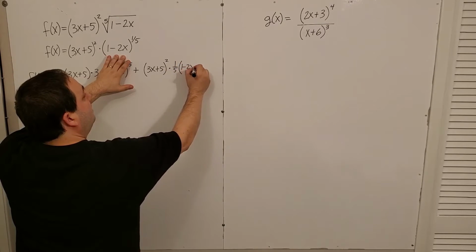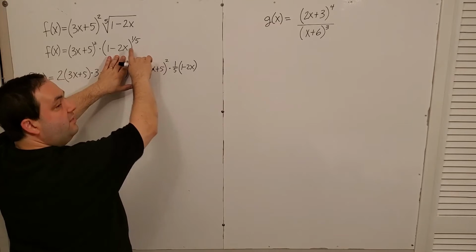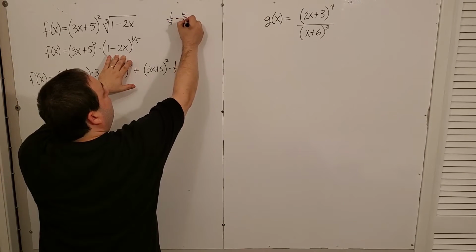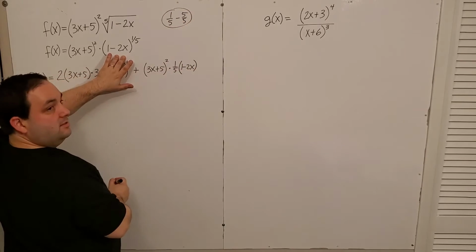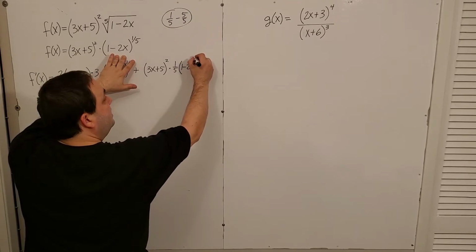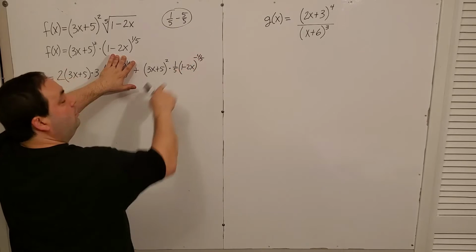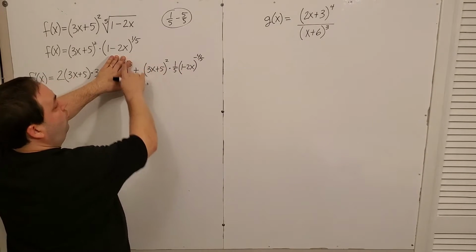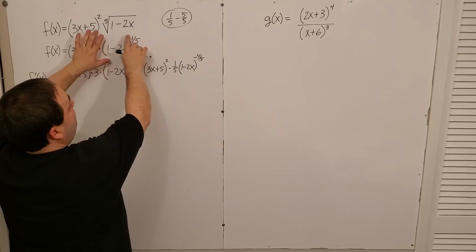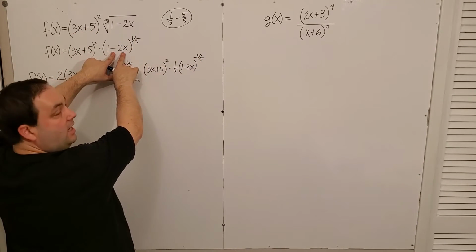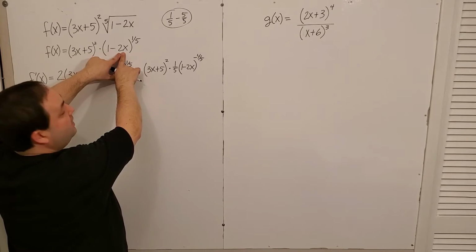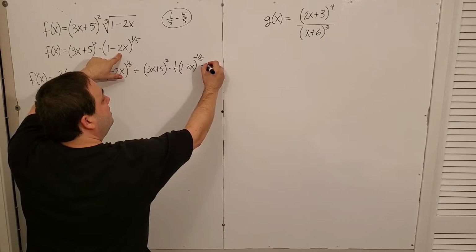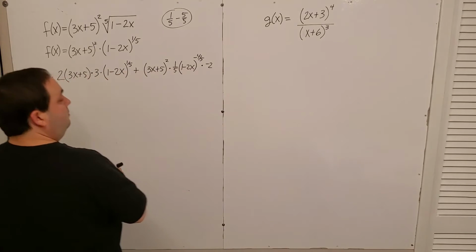Leave the inside alone. 1/5 minus 1. That's 1/5 minus 5/5. That's negative 4/5 power on that. Also, this was a chain rule. That's the outside derivative of that piece. The inside derivative is the derivative of 1 minus 2x. So that's times negative 2. All right?